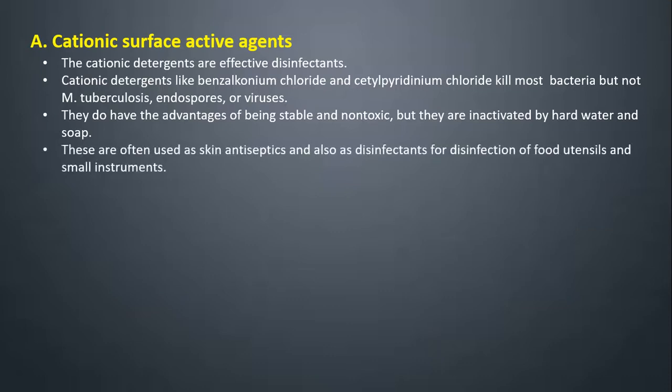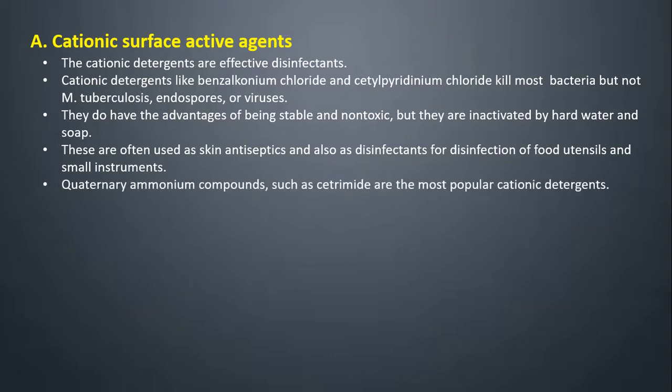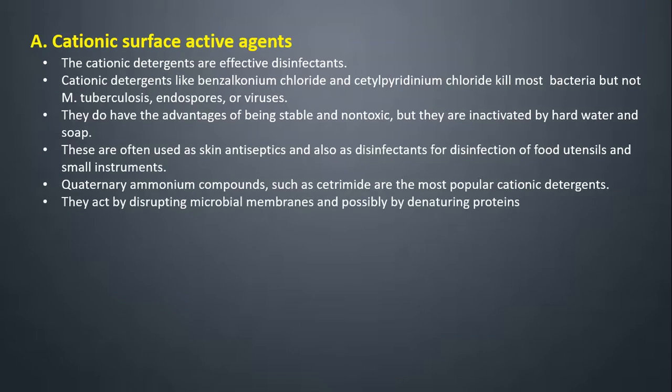These are often used as skin antiseptics and also as disinfectants for food utensils and small instruments. Quaternary ammonium compounds, such as cetrimide, are the most popular cationic detergents. They act by disrupting microbial membranes and possibly by denaturing proteins.